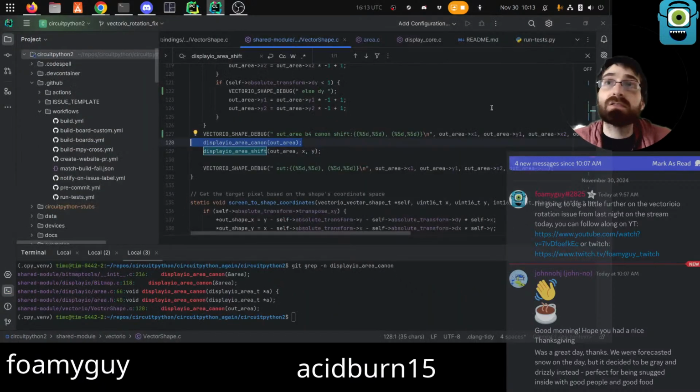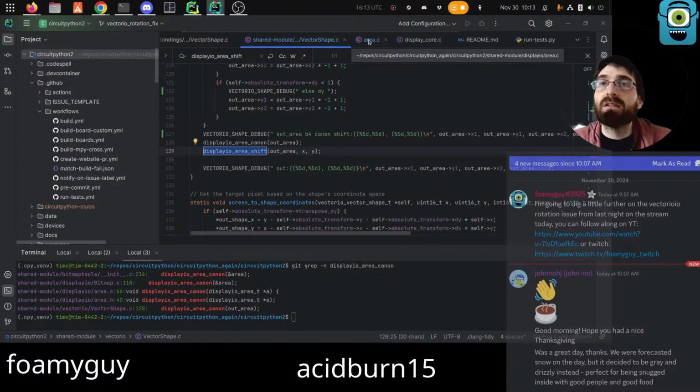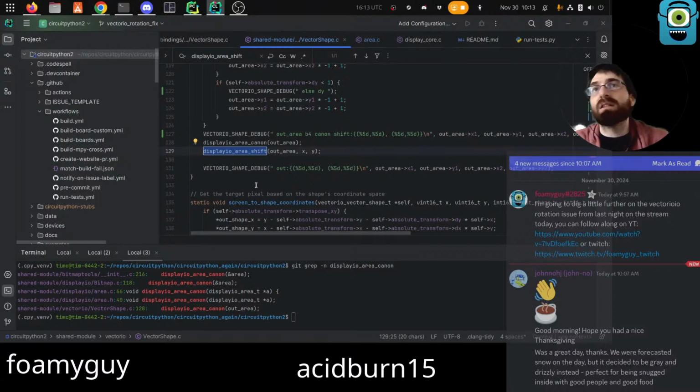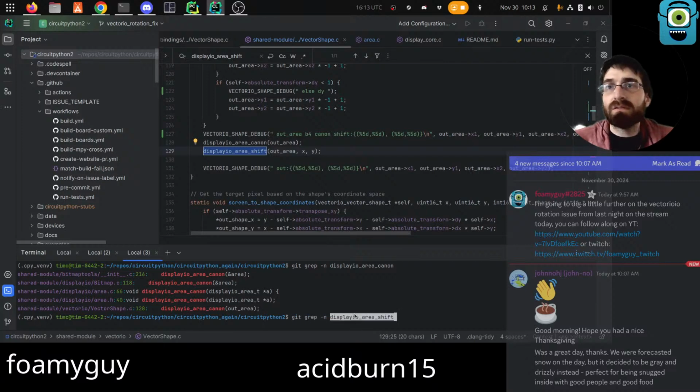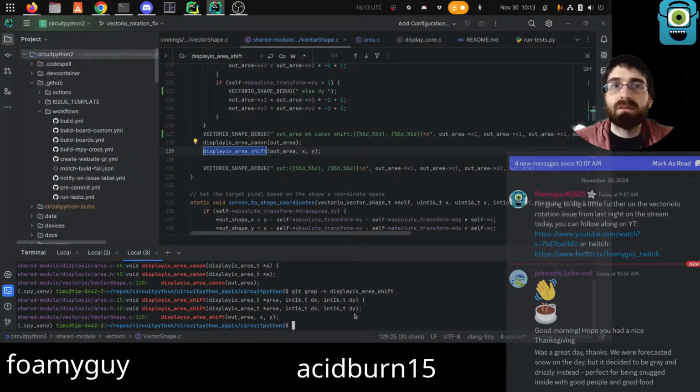So the shift actually does seem like a potential place where the bug could be, but this is actually in display IO, not vector IO. Is there anything else that uses this? Plot thickens.